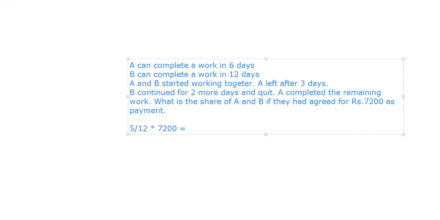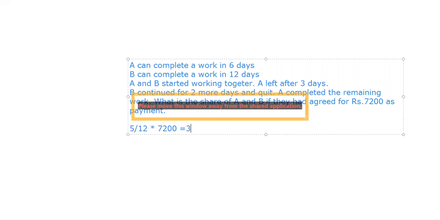So 5 days he has worked. So his share would be 5 upon 12 into 7,200, which is 3,000. So this will be the share of B. And what will be A's share? 4,200. That's it. All right.